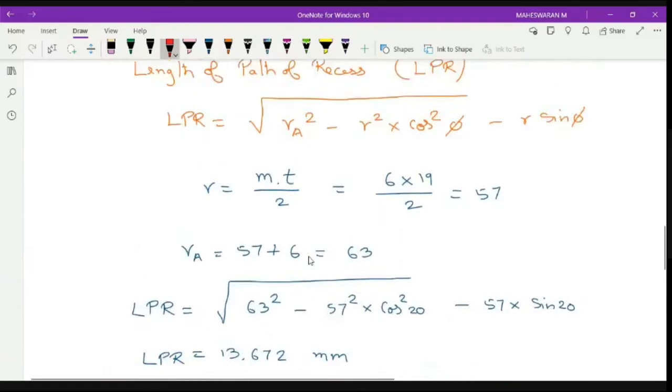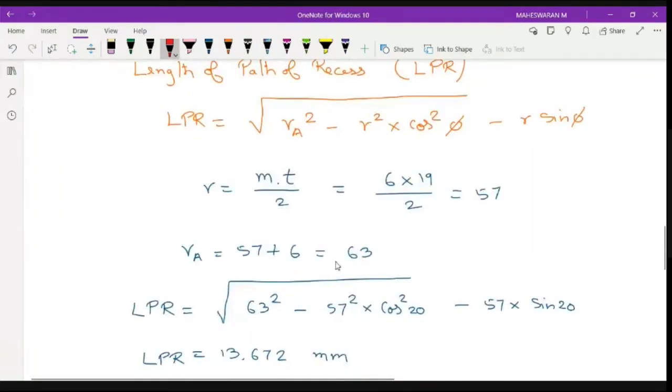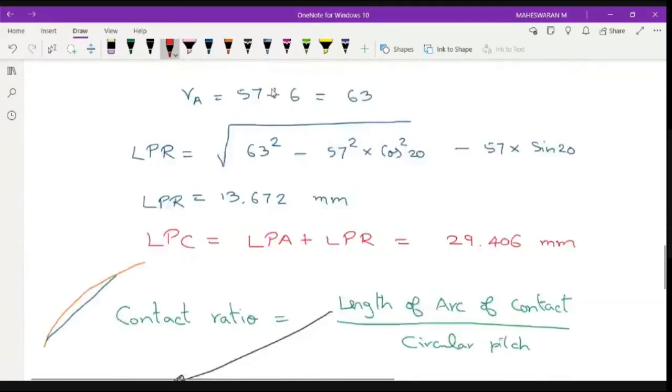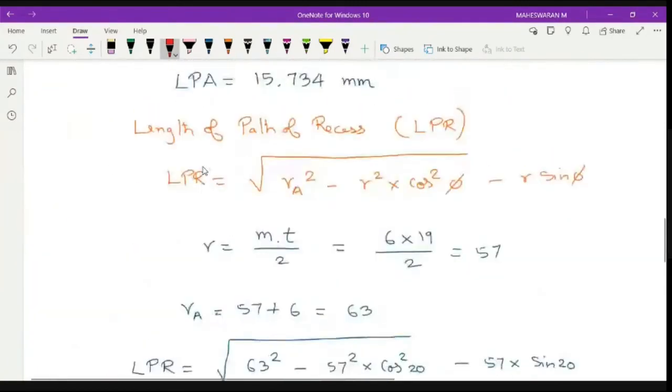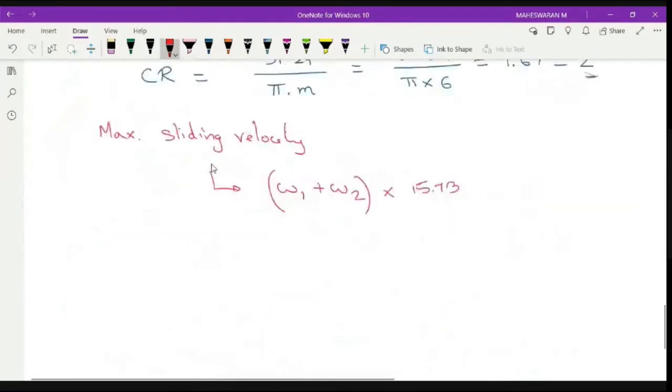The length of path of approach is 15.7 and recess is 13, so this is higher. So I will multiply with 15.734. Sometimes if they ask for minimum sliding velocity, you have to multiply with the minimum value.